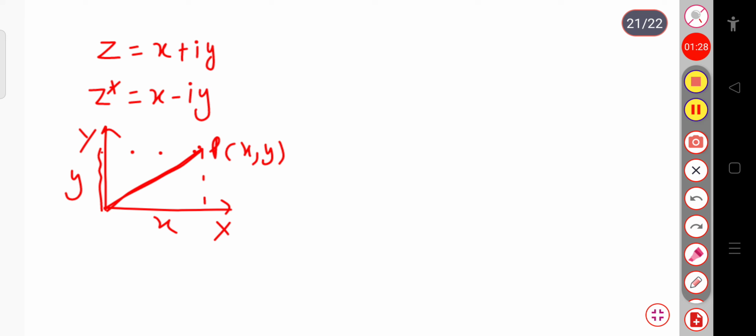Here we can write the modulus of z equal to the root of x square plus y square, and that is simply represented as r.